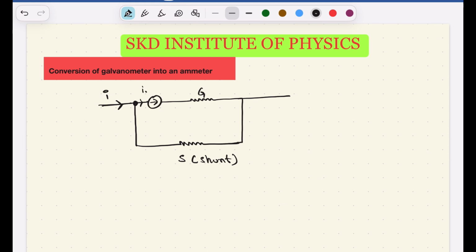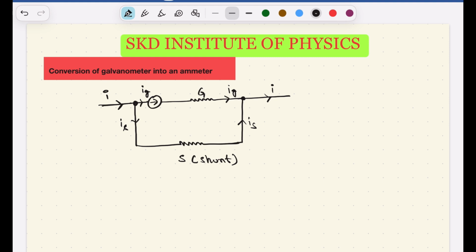The current Ig flows through the galvanometer and the current Is flows through the small resistance, that is the shunt resistance. Again Is and Ig, these two currents combine at the junction, and the total current I leaves. The sum of the currents entering the junction and the sum of the currents leaving the junction must be the same.